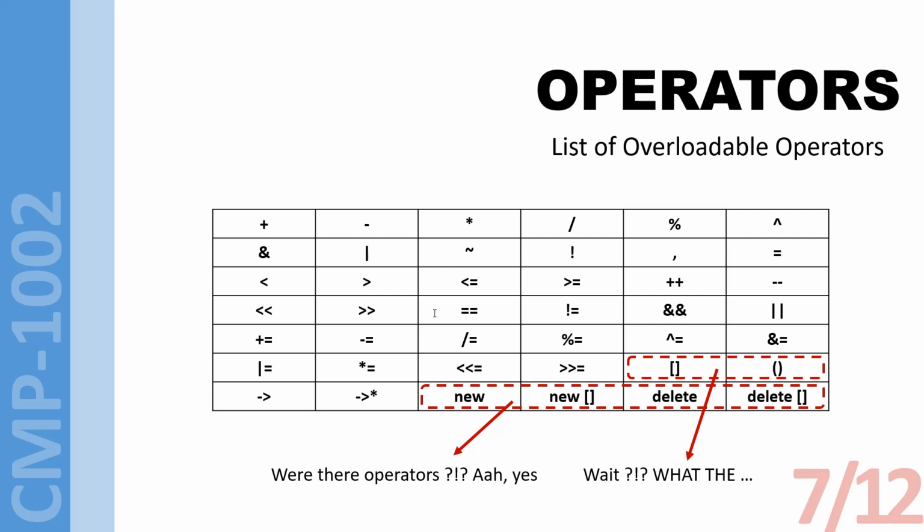But when you overload them, you can do very strange things, honestly. With new and delete, it can still be understandable, but the square brackets and especially the regular parentheses, I really don't want to cover in this course. It is a bit complicated, and you can do very weird, very interesting, very crazy things by overloading these operators.